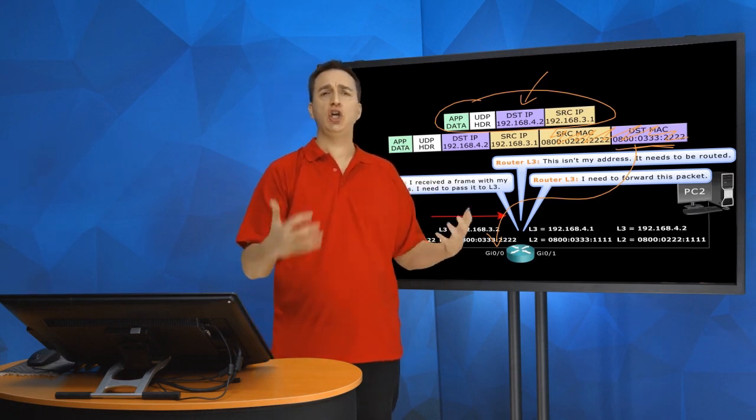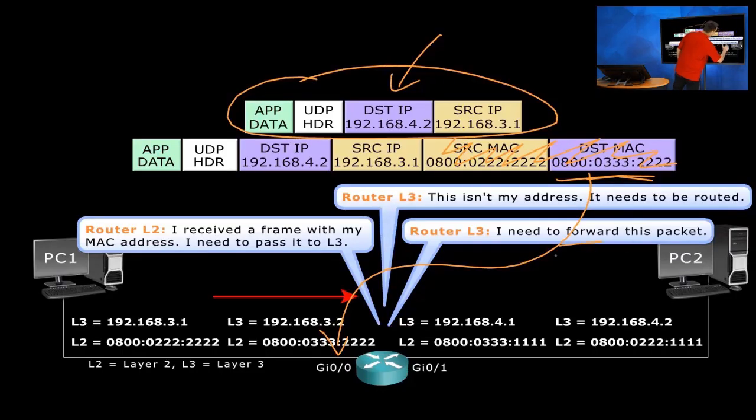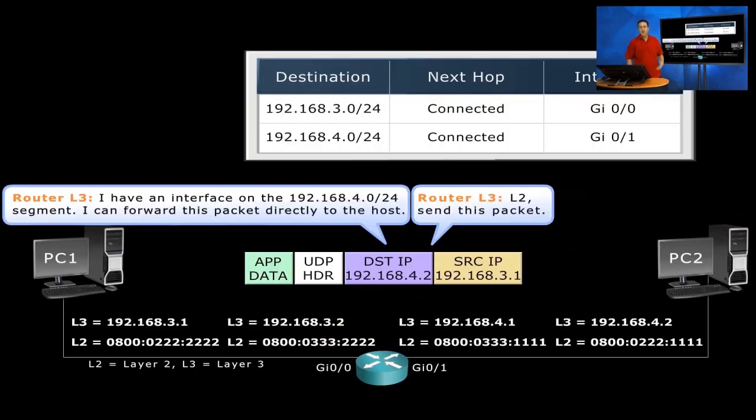I have to do my job. And what is my job? My job is to forward packets. So the router now has to do a routing table lookup based on that particular destination IP address. So we have our destination IP address right here of 192.168.4.2. And the router looks for the best match in its routing table.